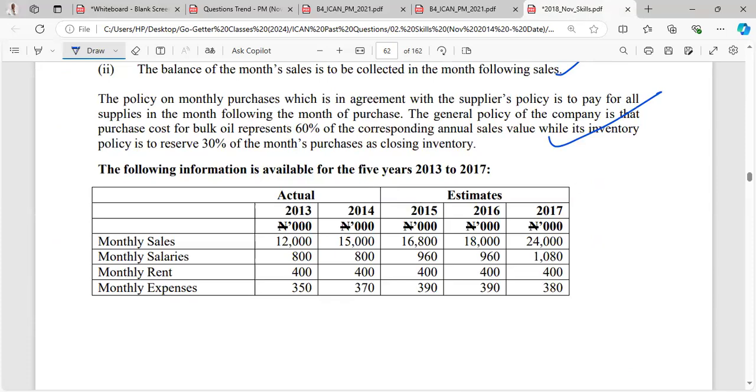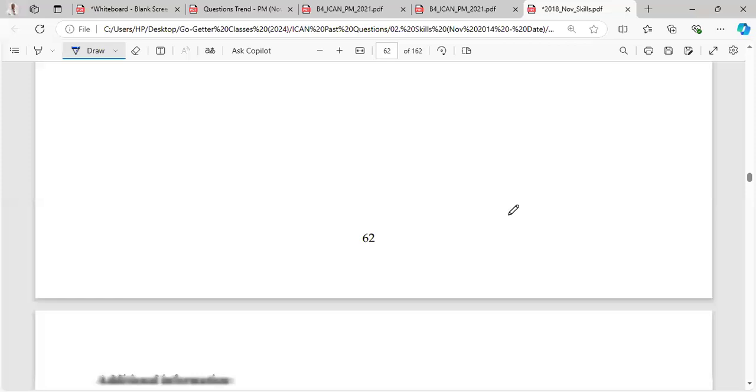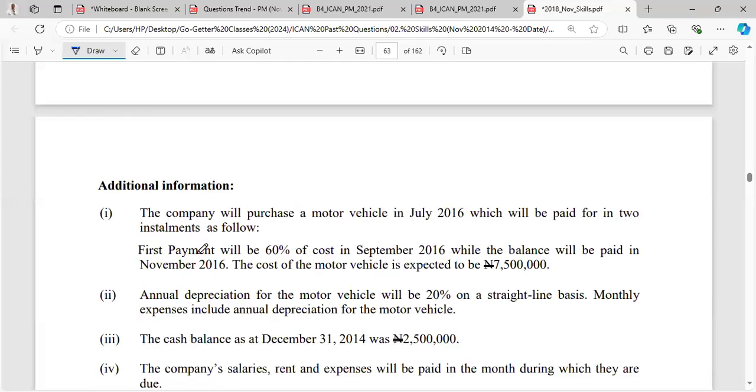First payment will be 60% of the cost in 2016, while the balance will be paid in November 2016.